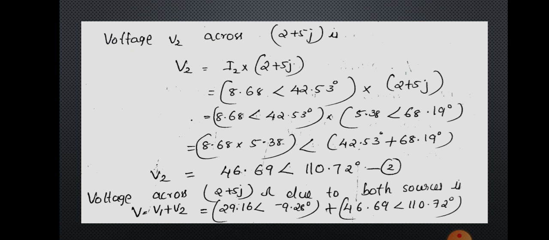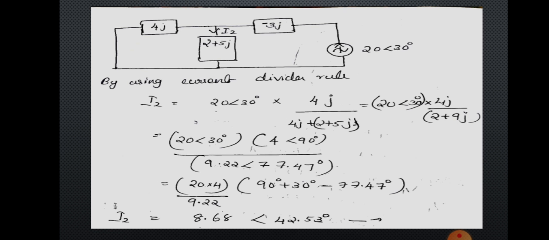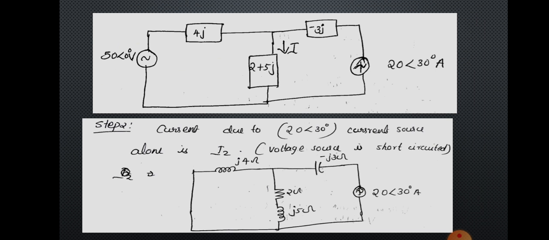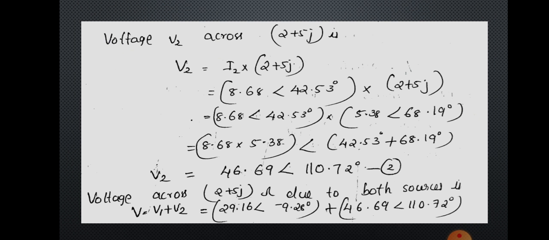So you got two values, V1 and V2, and you are asked to find the voltage across 2 plus 5j. You can see that in both cases the current flows in the downward direction. So the total voltage will be the addition of V1 and V2. So the voltage across 2 plus 5j ohm due to both sources is V equal to V1 plus V2, and the addition or subtraction is determined by the flow of the current.